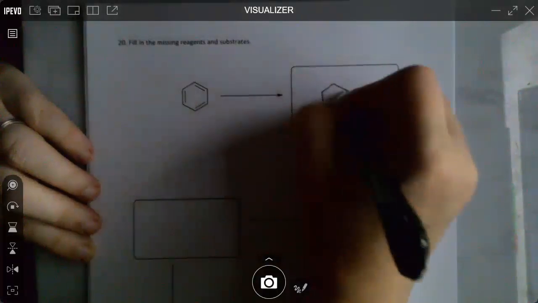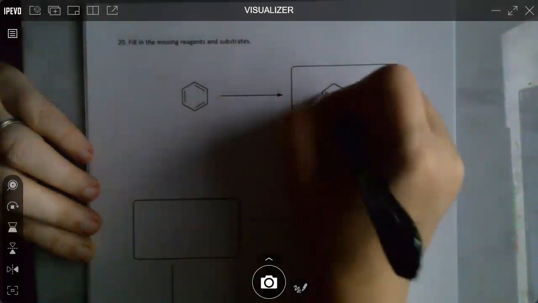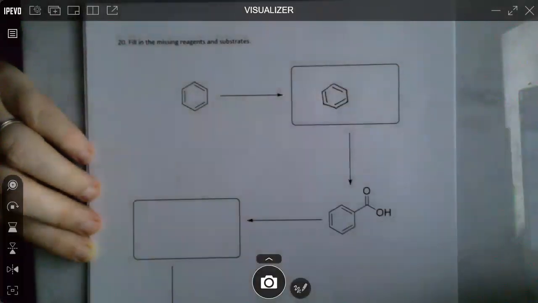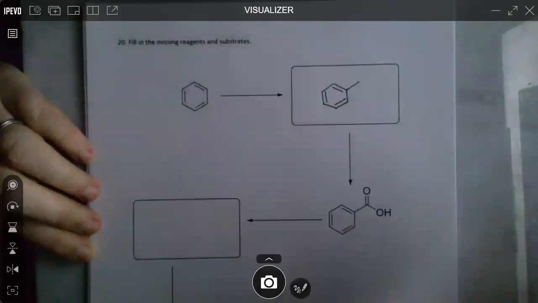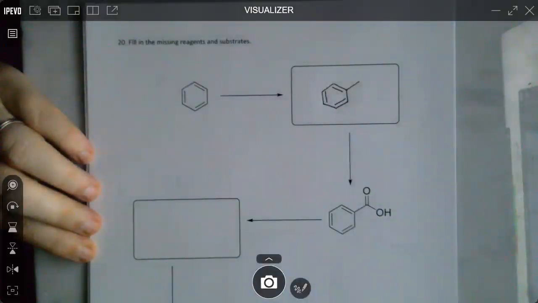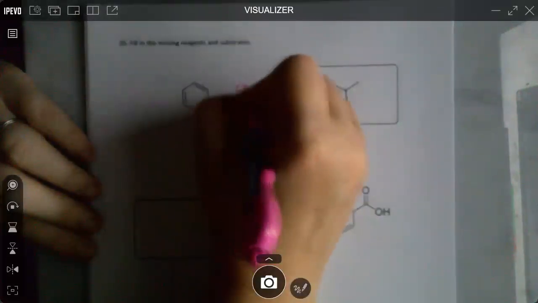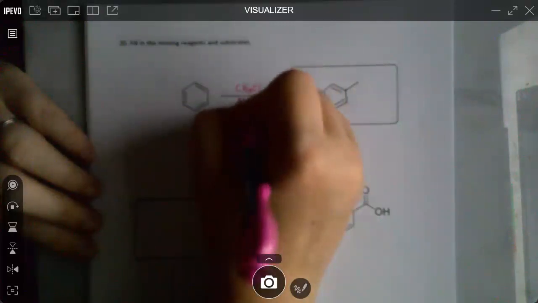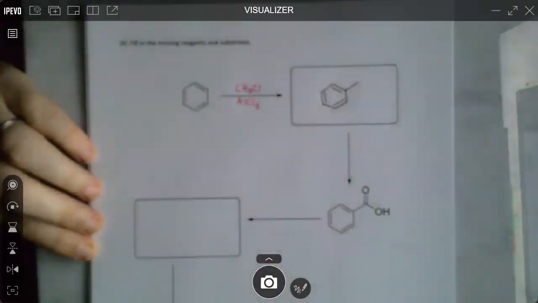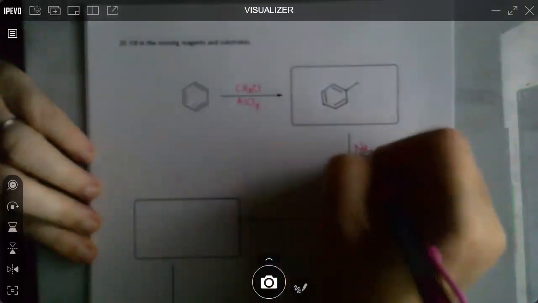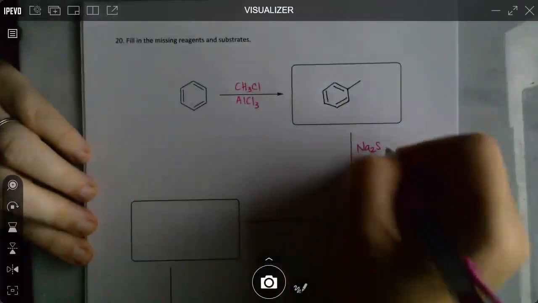So for example, and there's multiple answers here, you could introduce a methyl, an ethyl, an isopropyl. Any of those would work. But I'm just going to choose a methyl since that's simple. So we introduce the methyl group and then do a benzylic oxidation.